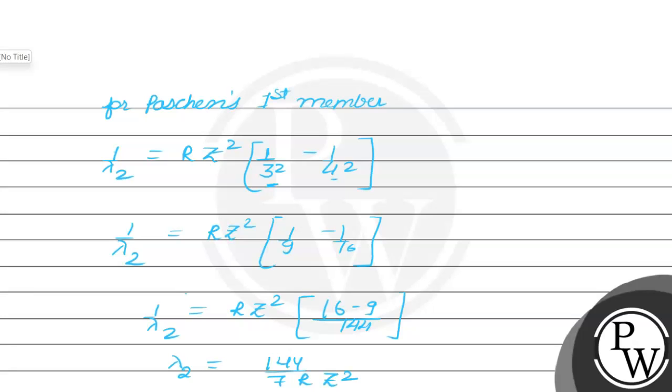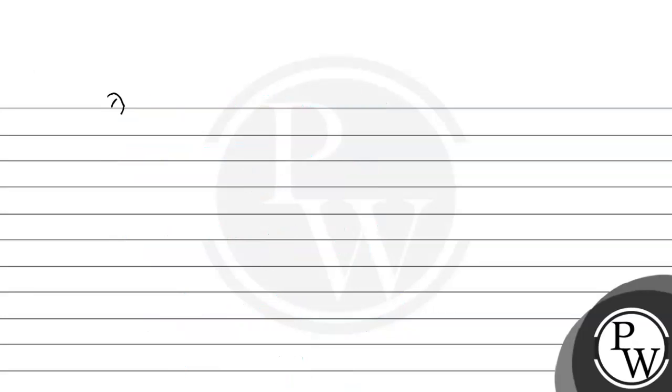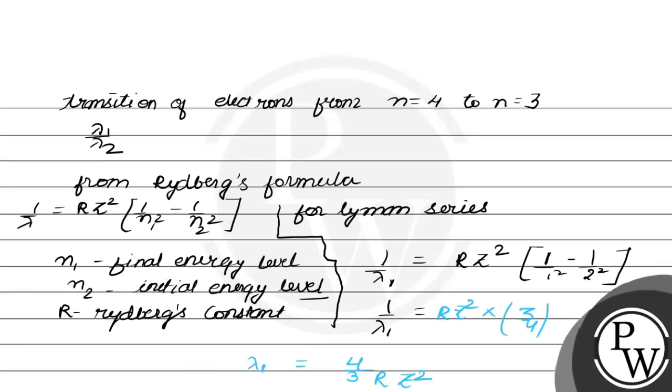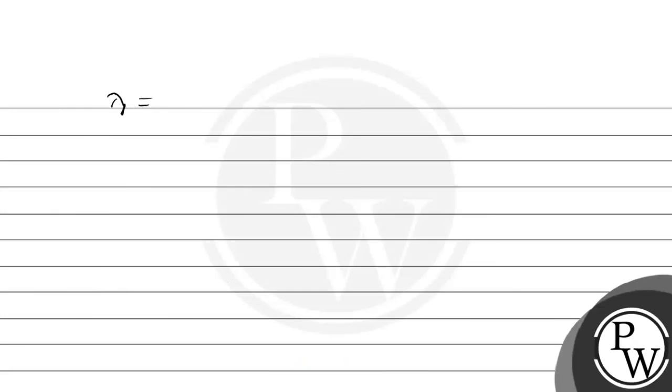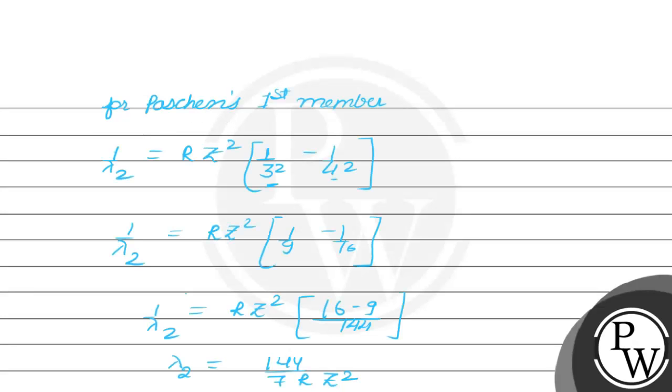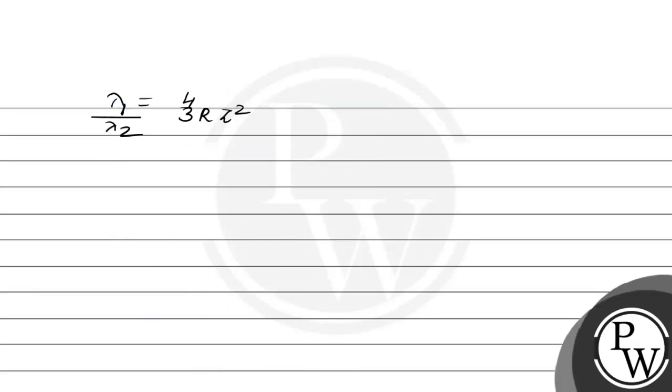We are concerned with finding lambda 1 upon lambda 2. Lambda 1 from here is 4 upon 3 R Z square, upon lambda 2, which was 144 upon 7 R Z square.